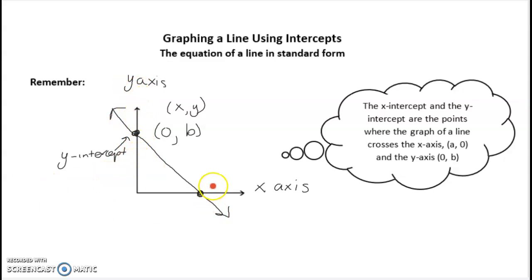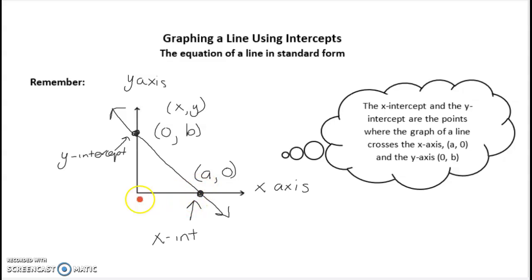Now this point right here is called the x-intercept. In this case, our x-coordinate, we'll just label it a, can be any number, but then our y-coordinate has to be 0.